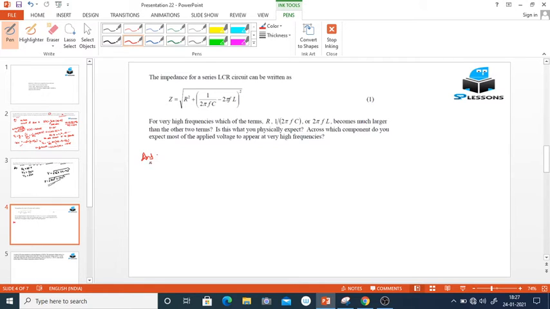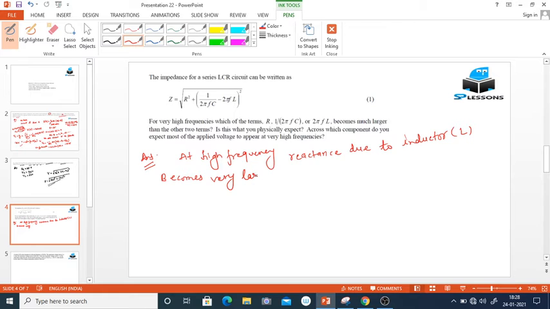Remember one thing: at high frequency, the reactance due to the inductor, XL, becomes very large as compared to the reactance due to the capacitor C, XC.